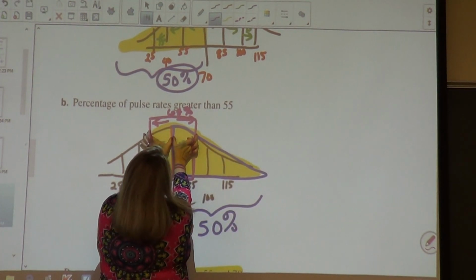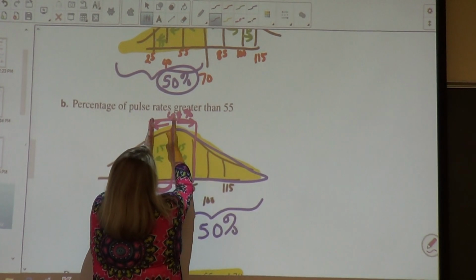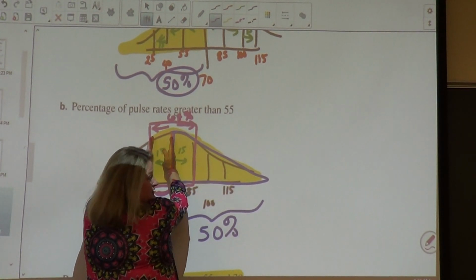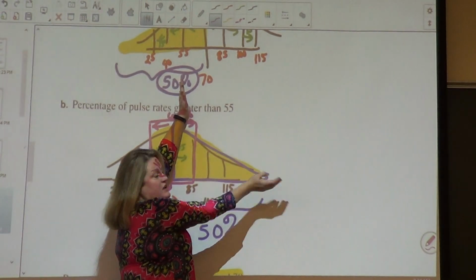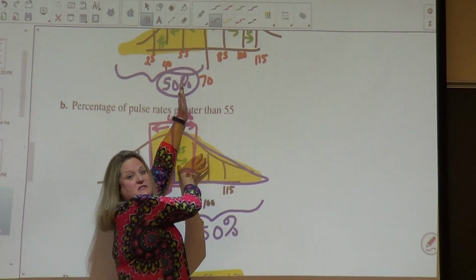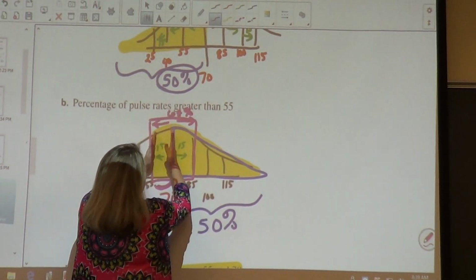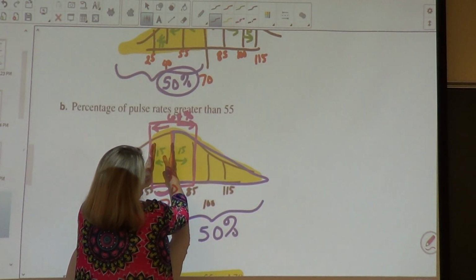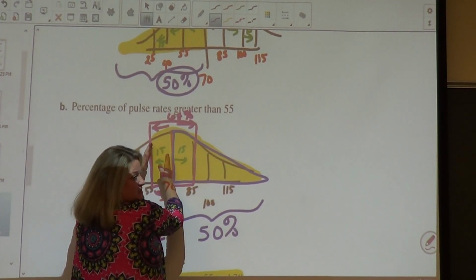68 is if I go one deviation in either direction. But I only need this slice. You with me? Because 50 was over here. So I've already counted this piece. So I only need this slice. So I only need a 68, but half of it.